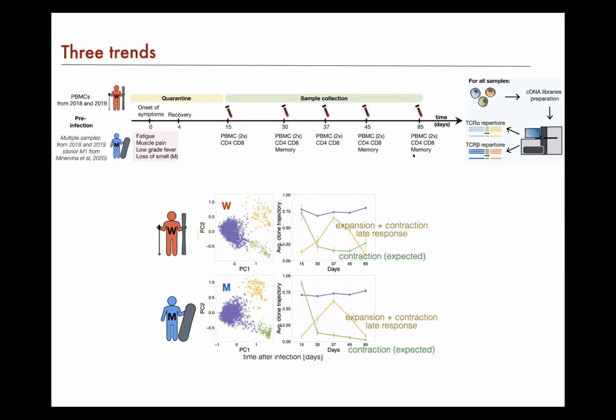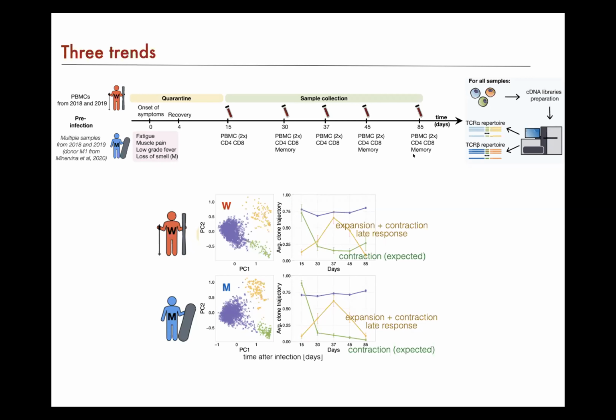After quarantine ended, the 2 donors donated blood at day 15, 30, 37, 45, and 85 post-infection. At each time point, there were two replicates made, and the blood was sorted into CD4 and CD8 pools. And at certain time points, we also got memory data.